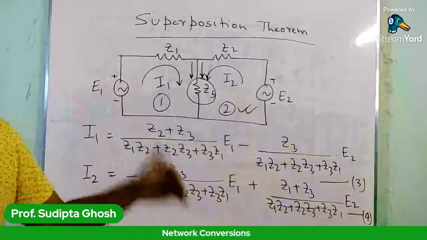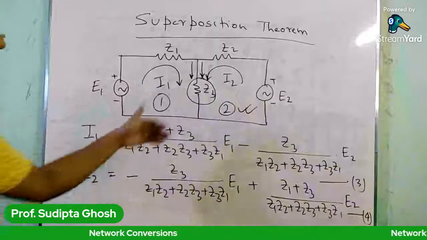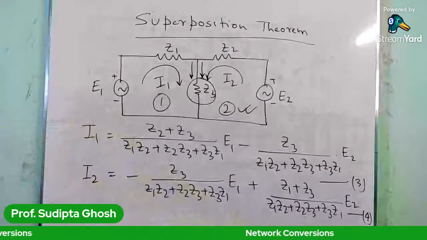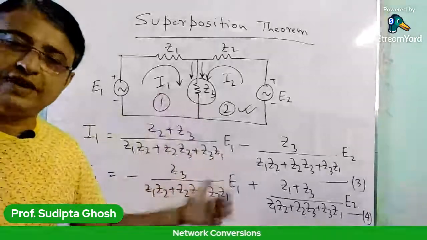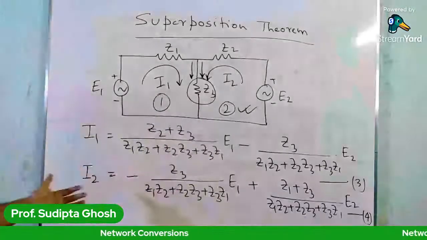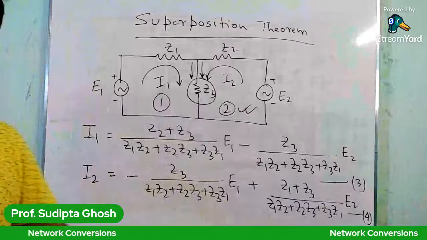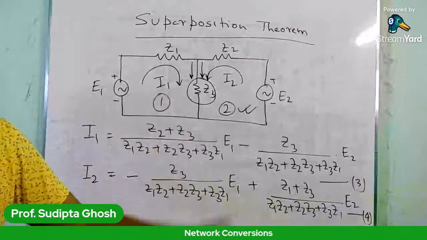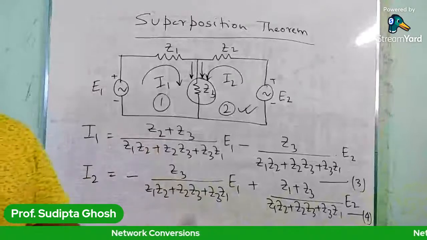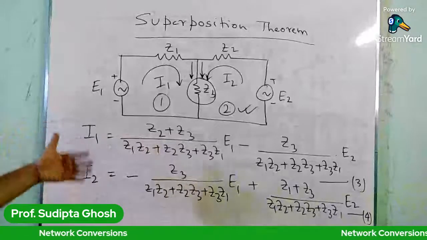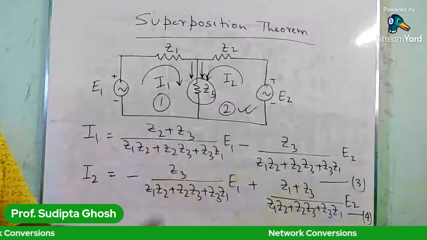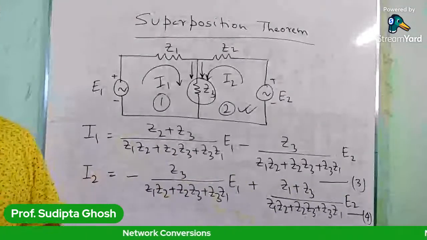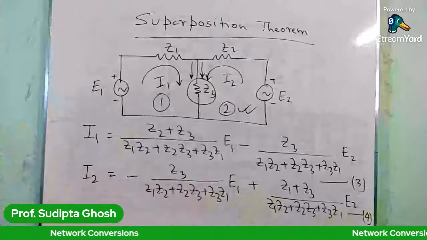This is the form which we learned in the very preliminary stages of circuit theory, that is the mesh equations. We have to check whether the superposition theorem gives the exact value, as we can find from applying mesh analysis.